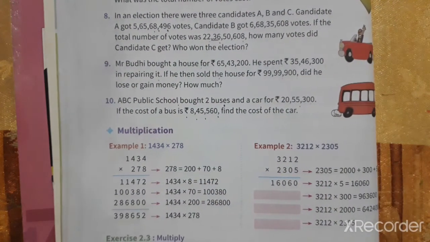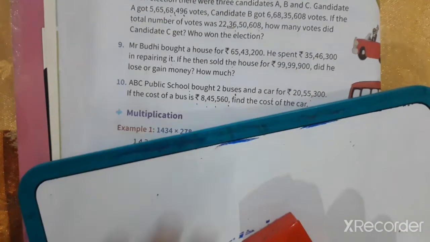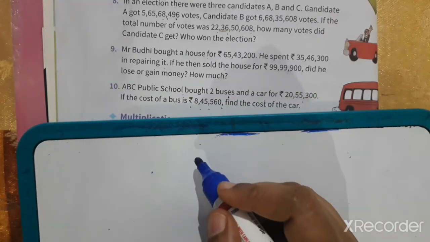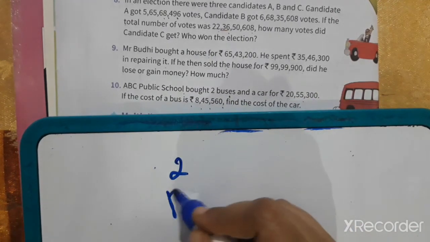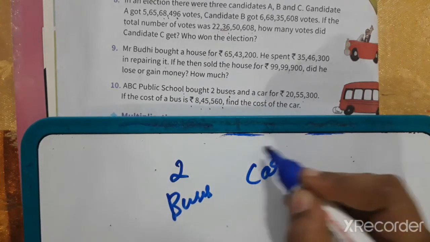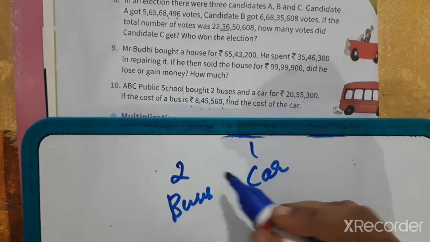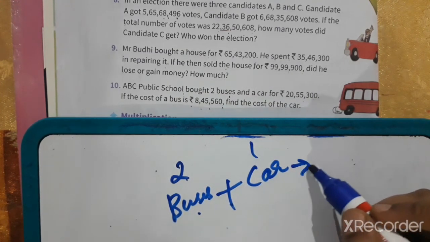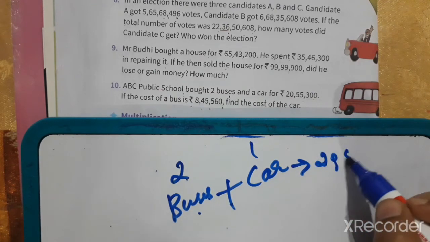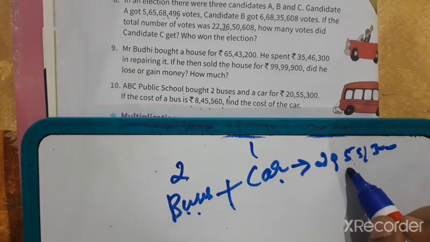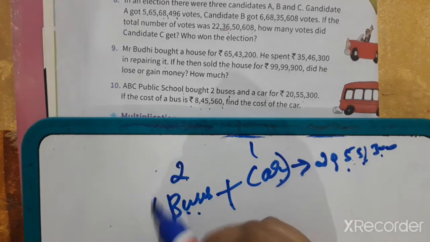So here, ABC School bought 2 buses and 1 car. Cost is how much? 20,55,300. 2 buses and 1 car cost is 20,55,300 total.